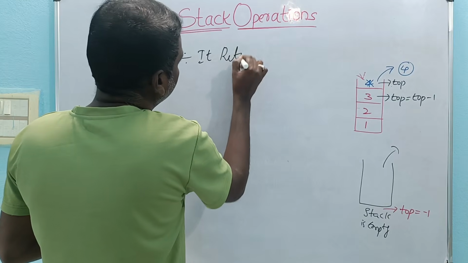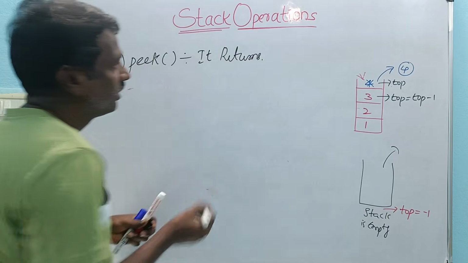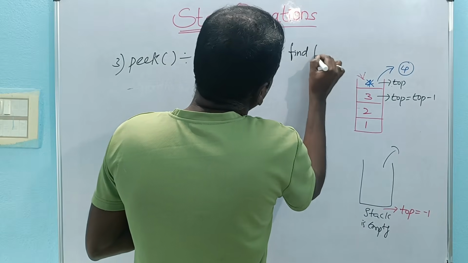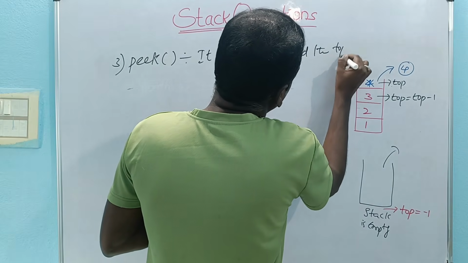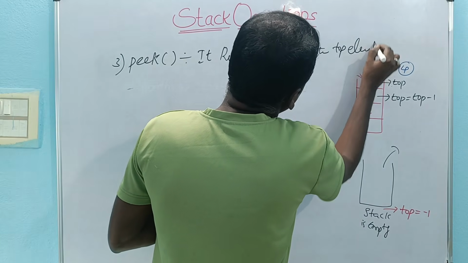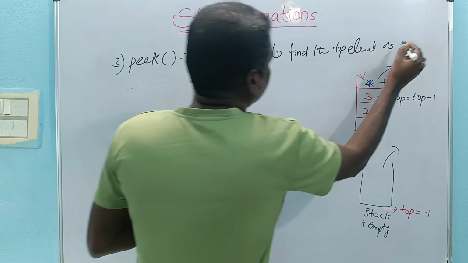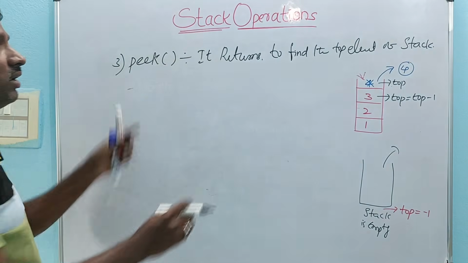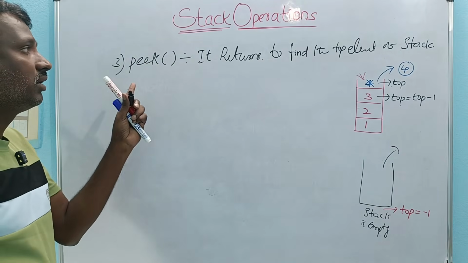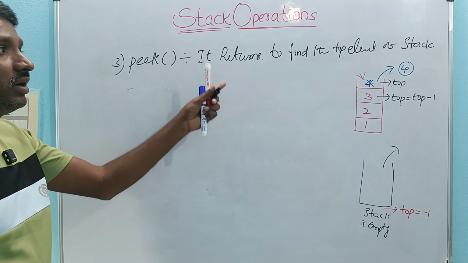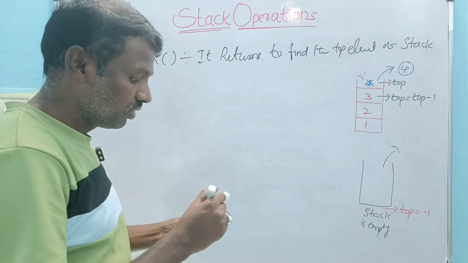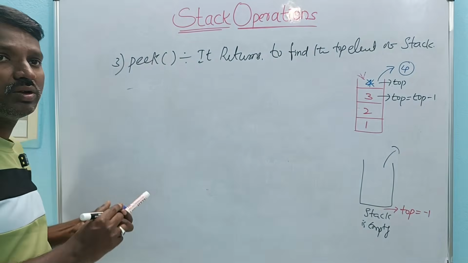It returns, to find the top element of the stack. If you are using the peek function, it returns the top element of the stack. So that is a simple description of the peek operation.